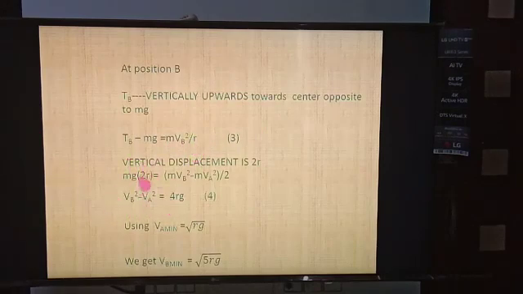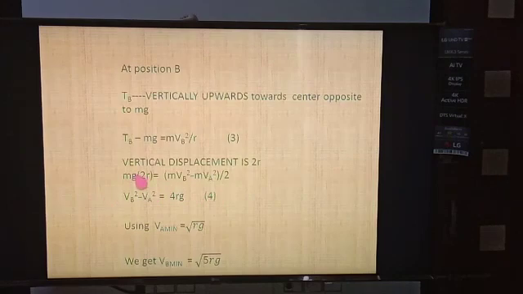While coming down from the uppermost to the lowest point, from A to B, the vertical displacement is 2r and the motion is governed only by gravity. Decreasing gravitational potential energy is converted into kinetic energy.